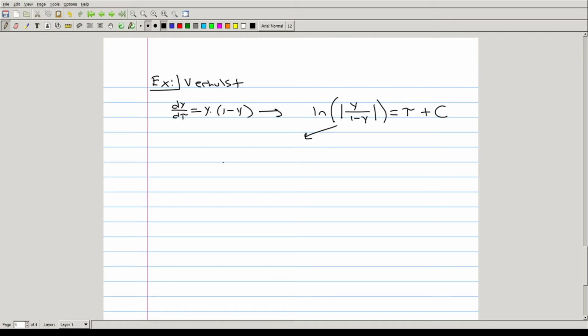This then leads us to conclude that the general solution to our differential equation is of the form y over 1 minus y is equal to the absolute value of y naught over 1 minus y naught, times e to the tau.